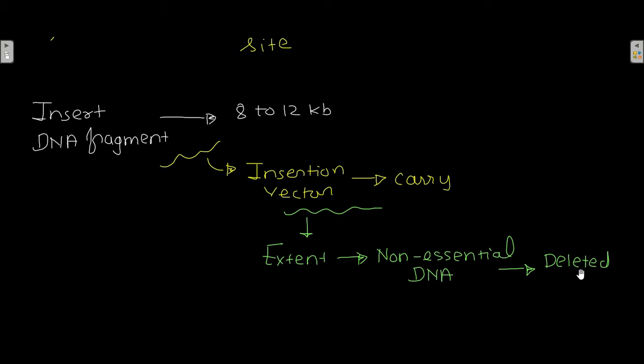How much non-essential DNA you have deleted determines the carrying capacity of the insertion vector, and normally it is about 8 to 12 kb. So a DNA fragment of about 8 to 12 kb can be carried by this insertion vector.